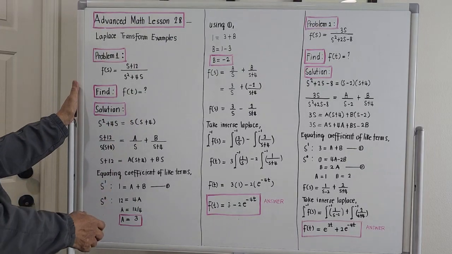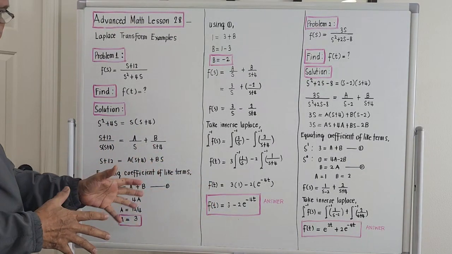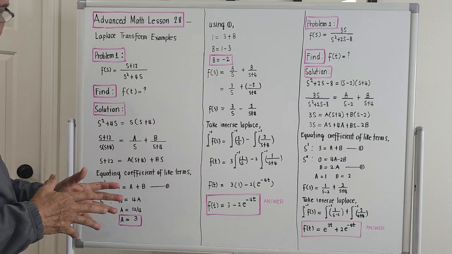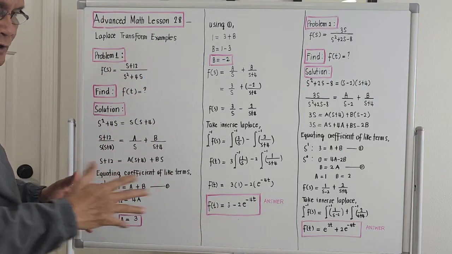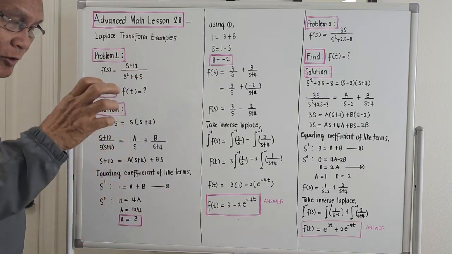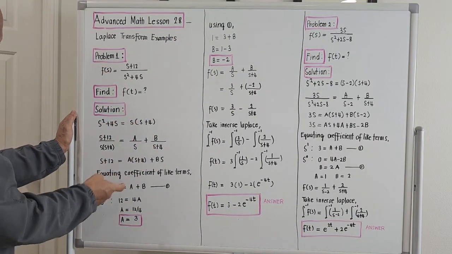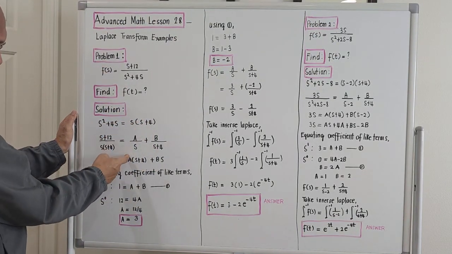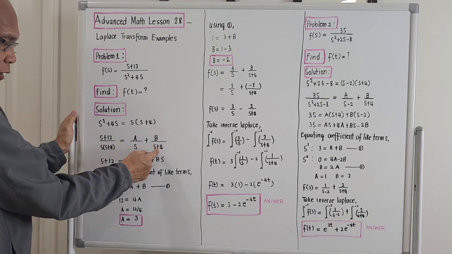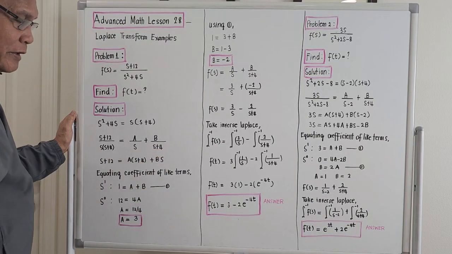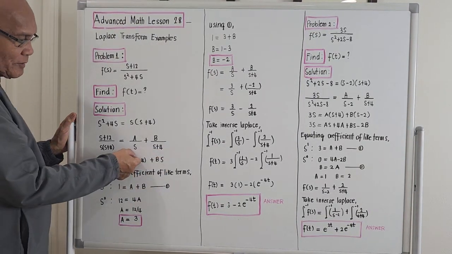And this should be equal to, as I have said a while ago, if the linear factors are 2, the corresponding equivalent partial fraction should also be 2. So it can be written as A over s, plus another unknown constant B, all over s plus 4.